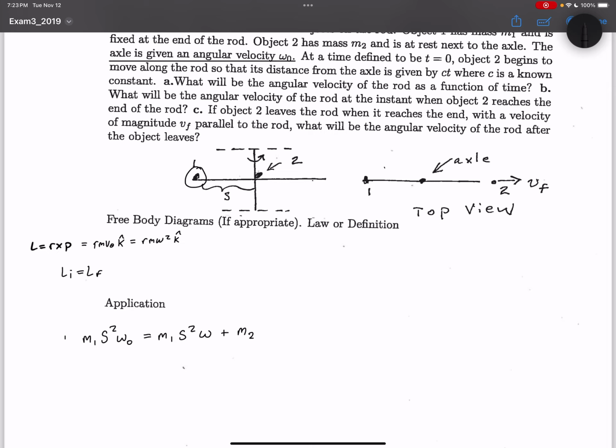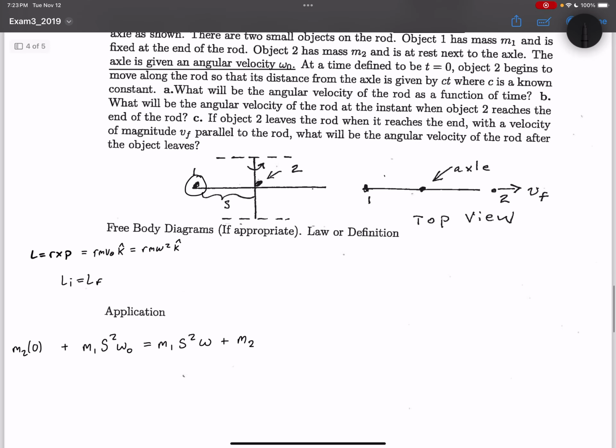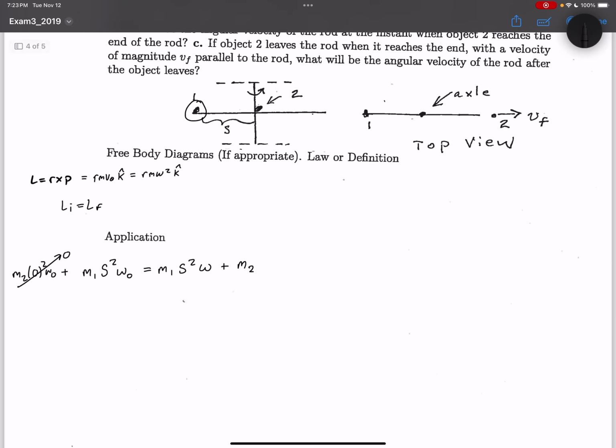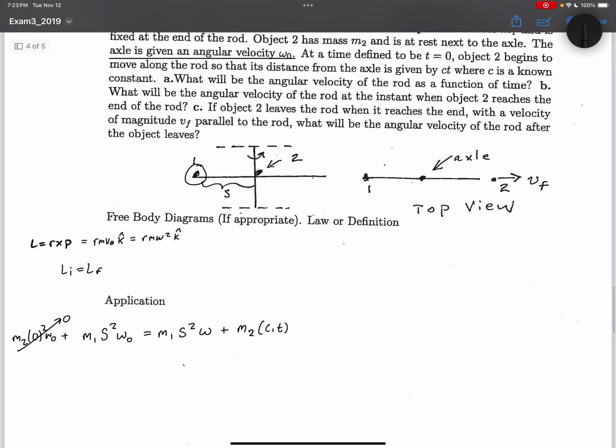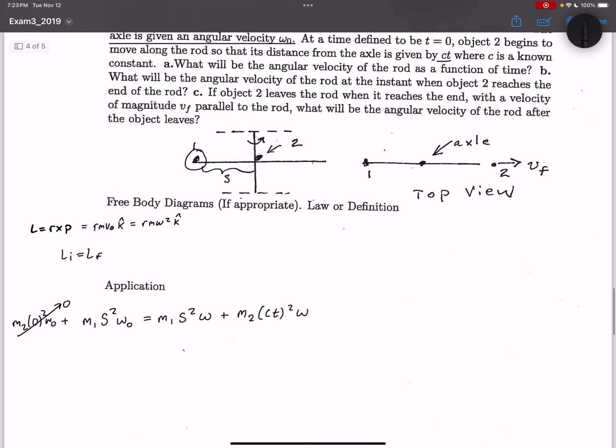The reason we won't have m2 on this side is because its distance from the axis is 0, since it's right next to it. Now when m2 starts moving away along the rod, it's going to have a distance of ct, so ct squared times omega.